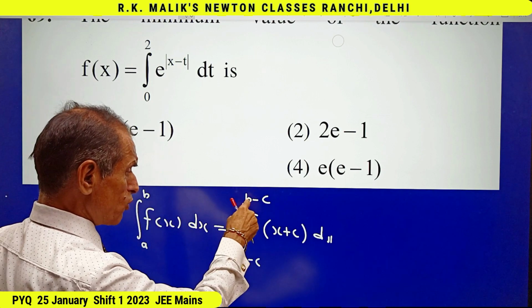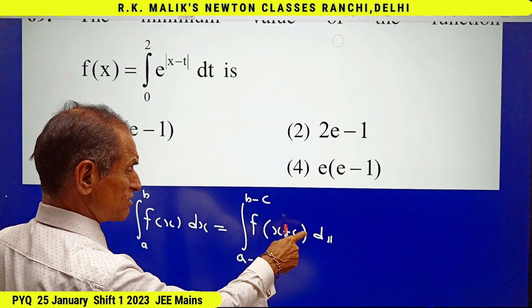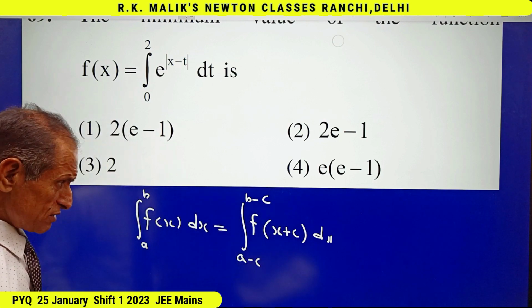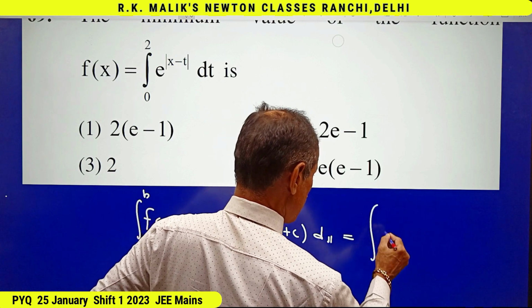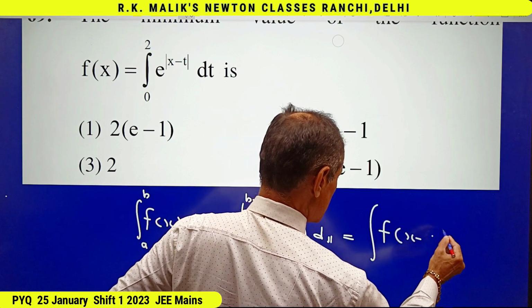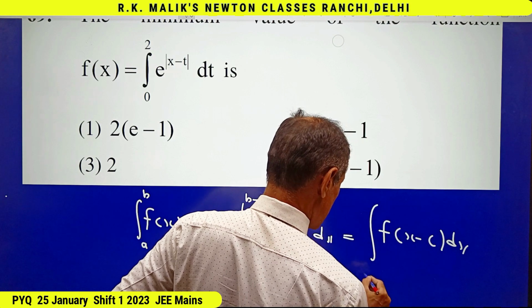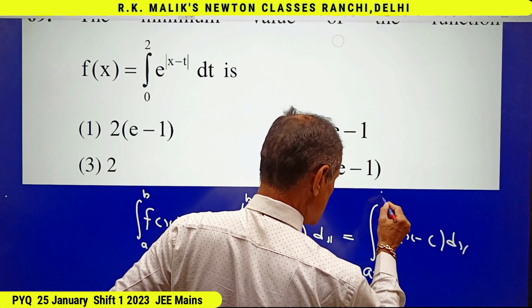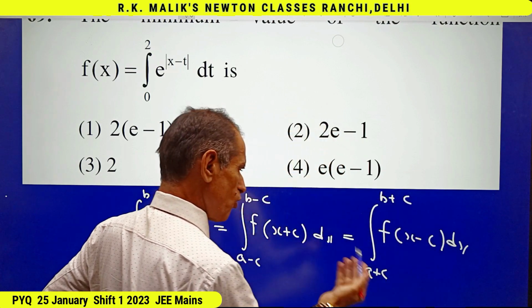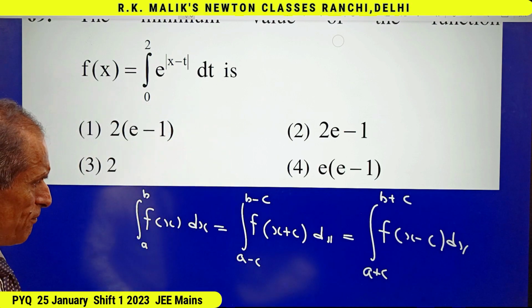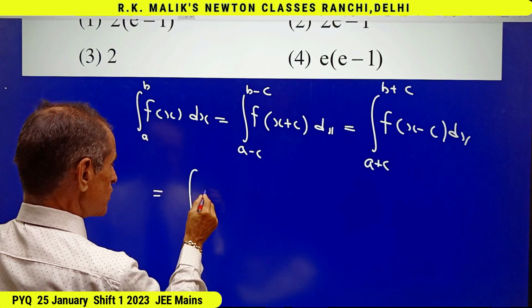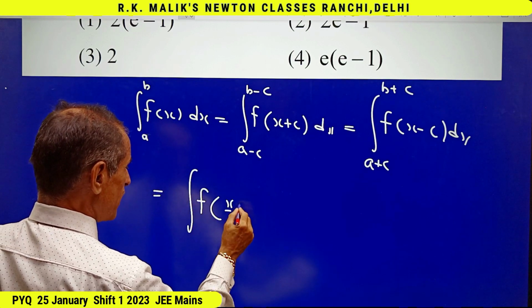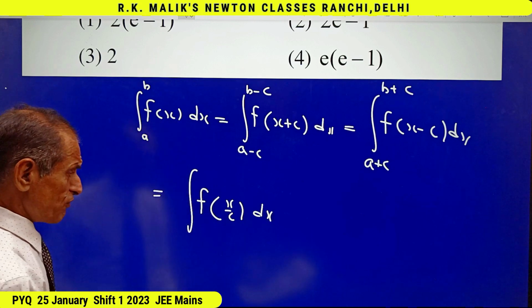If I have to subtract the constant, I will have to add c in the value of x. Similarly, obviously, if I write f(x minus c) dx, I will have to write a plus c and b plus c. Obviously, this is clear.